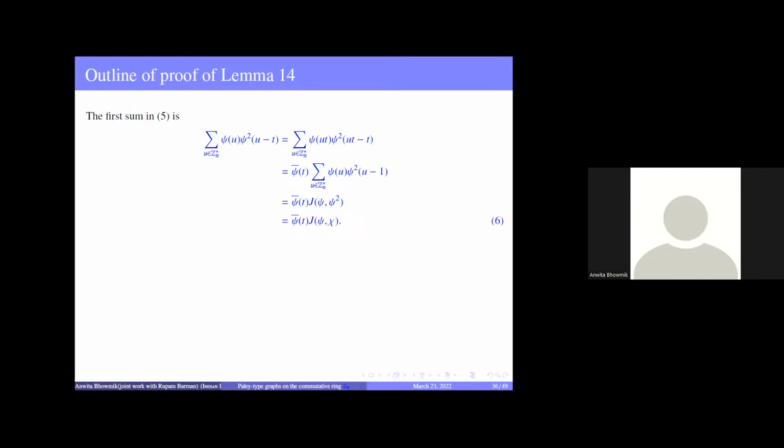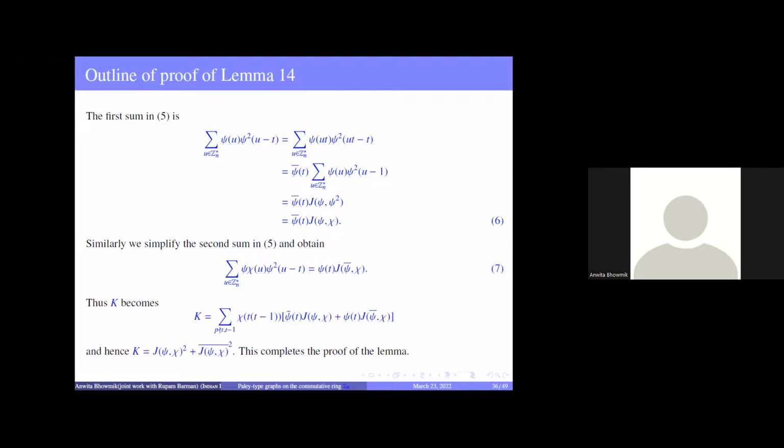So the first term is this, psi bar of t times J of psi and chi, and this is the second term. Now, compiling this information, we have that k is J of psi square plus J bar of psi square. And this ends the proof of the lemma.